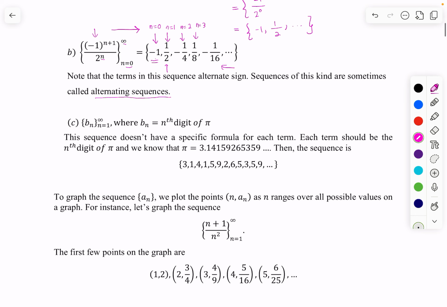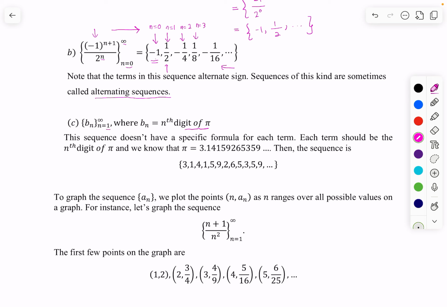Okay, example C. This example involves the digits of pi. The sequence Bn, when n starts from 1 to infinity, where Bn is the nth digit of pi. This sequence doesn't have a specific formula, but rather it is related to the digits of pi.